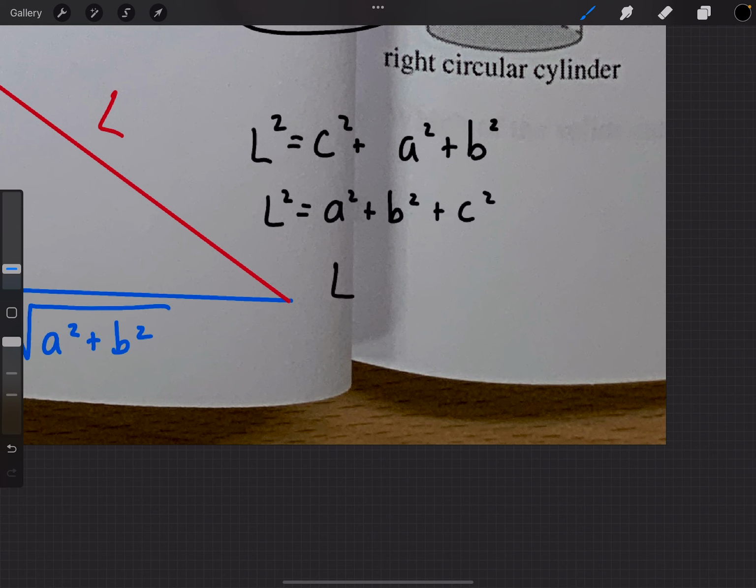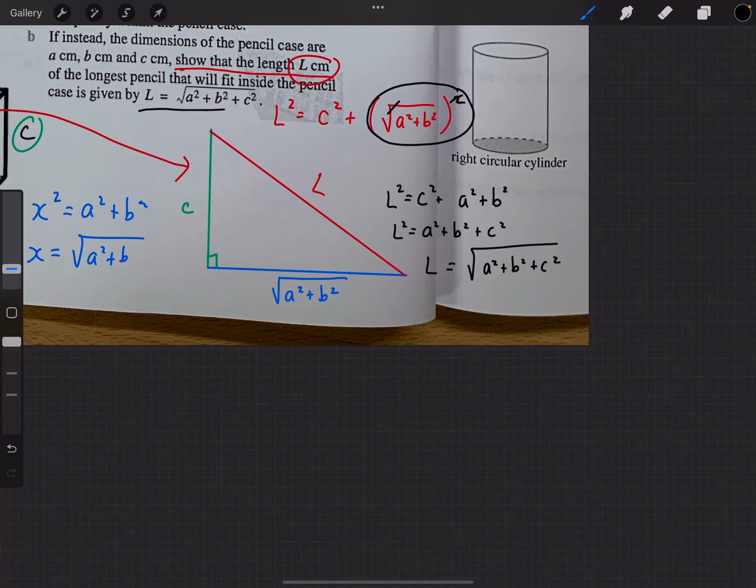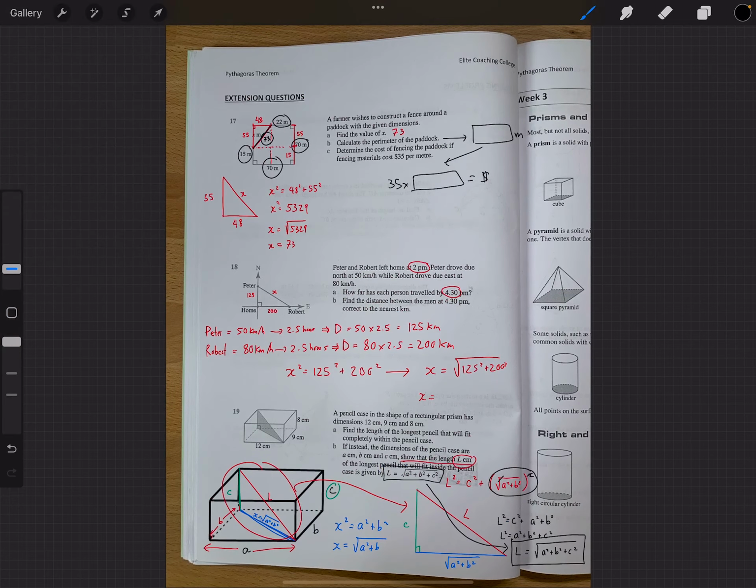So therefore, L is equal to the square root of A squared plus B squared plus C squared. And that is what they want you to show, to prove. And that's done. Oh, that was a tricky one. Alright, hope that helps.